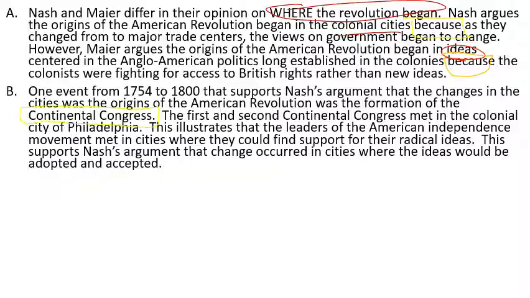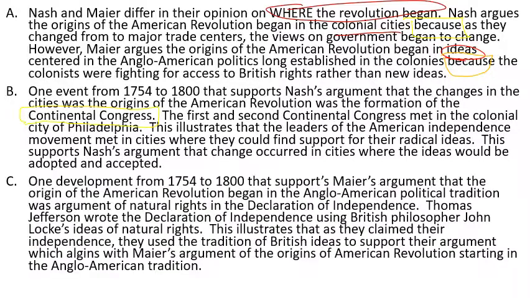Are you convinced about Nash's? Well, let's see if we can convince you of Mayer's. So question C says, "One development from 1754 to 1800 that supports Mayer's argument that the origin of the American Revolution began in the Anglo-American political tradition was the argument of natural rights in the Declaration of Independence." Here's our example.